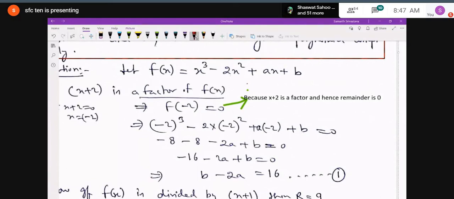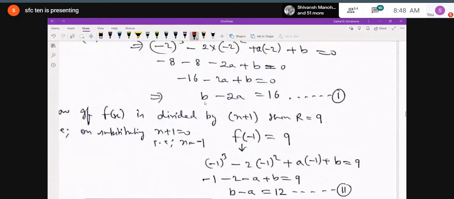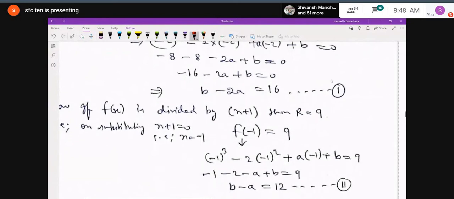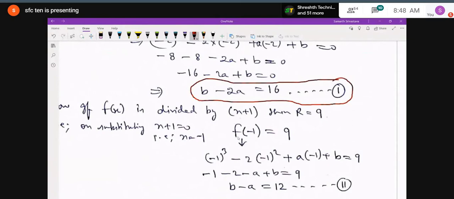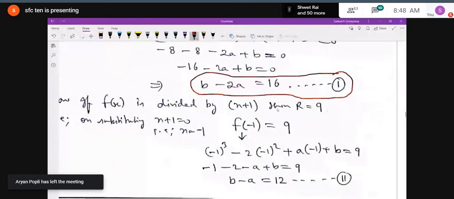And now what the question says: and leaves a remainder 9 when divided by x plus 1. So if f(x) is divided by x plus 1, the remainder is 9. That means we will equate x plus 1 equal to 0, that is x is equal to minus 1. Now in this case, the value of the function at x equal to minus 1 will not be 0 because it is not a factor. It is equal to 9.